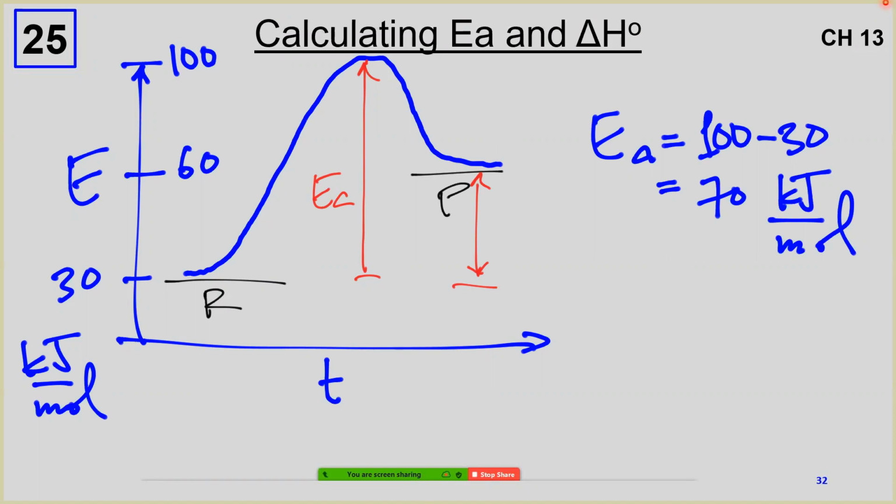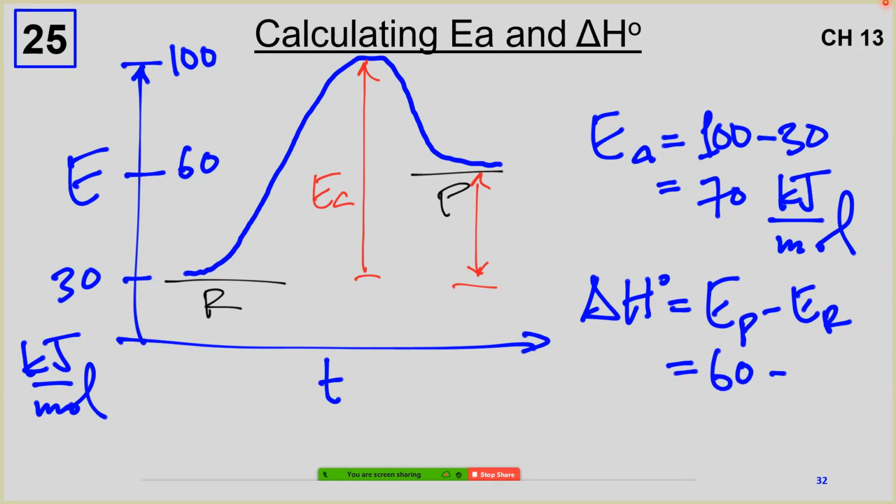So delta H equals energy of the products minus energy of the reactants. That would be 60 minus 30, and we get a positive number, positive 30 kilojoules per mole. And because delta H is a positive number, you know that this is going to be an endothermic process.